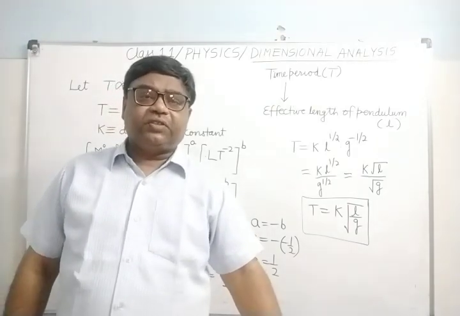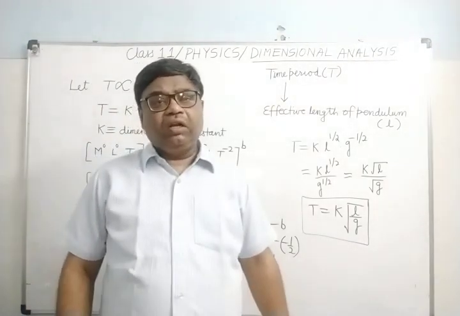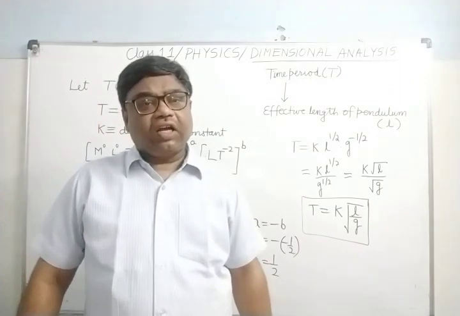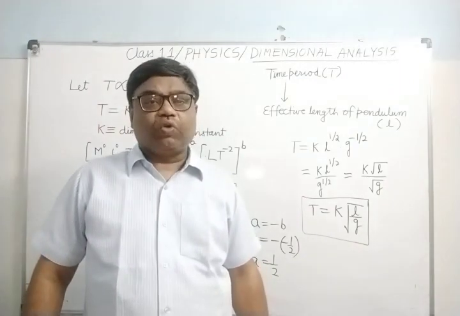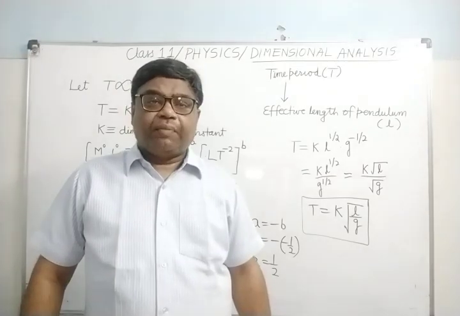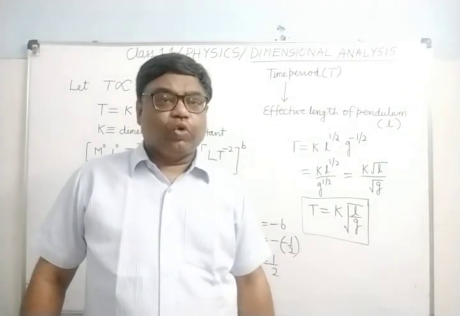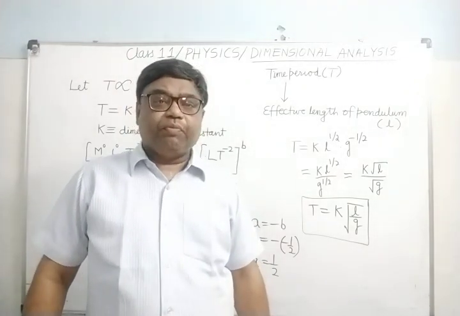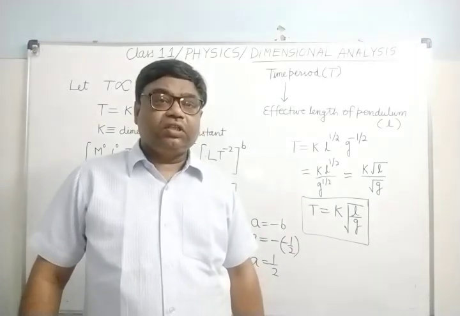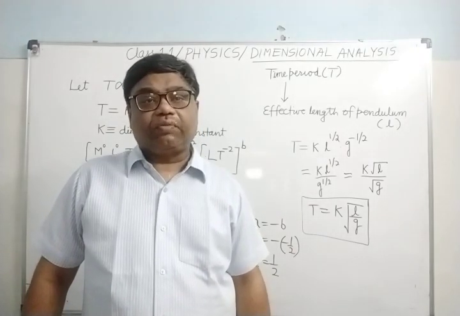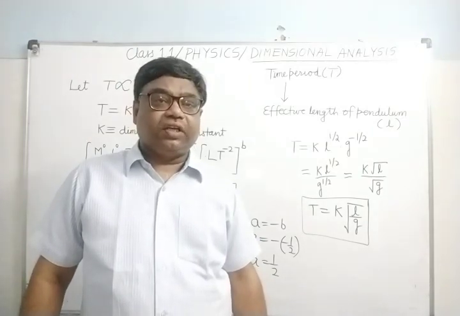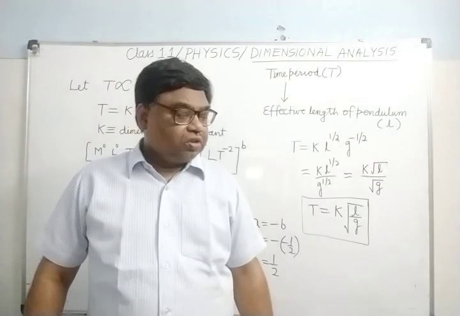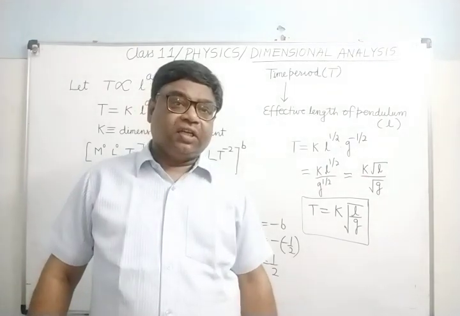So if a physical quantity depends upon up to three other physical quantities, it is okay. But if it depends upon more than three other physical quantities, it is not possible to determine the formula of that physical quantity. It's clear? So this is one more limitation.